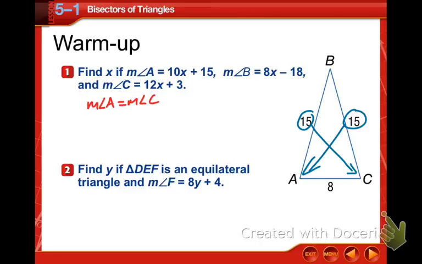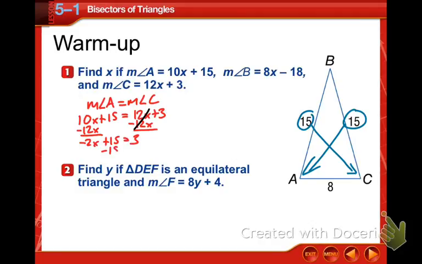So we can just plug in our expressions for those. 10x plus 15 equals 12x plus 3. Now subtract 12x from both sides. You get negative 2x plus 15 equal to 3.